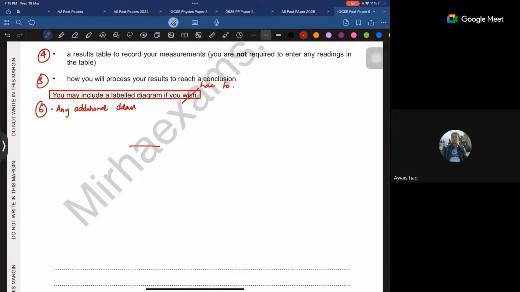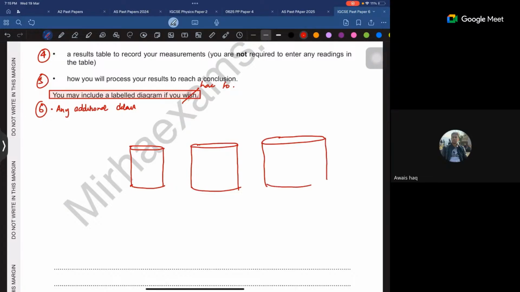So we're gonna make a couple of beakers. And then some bigger, some smaller. And then we will put a thermometer. Just draw normal drawings, no need to be fancy, because you just need to show the examiner that you understand.